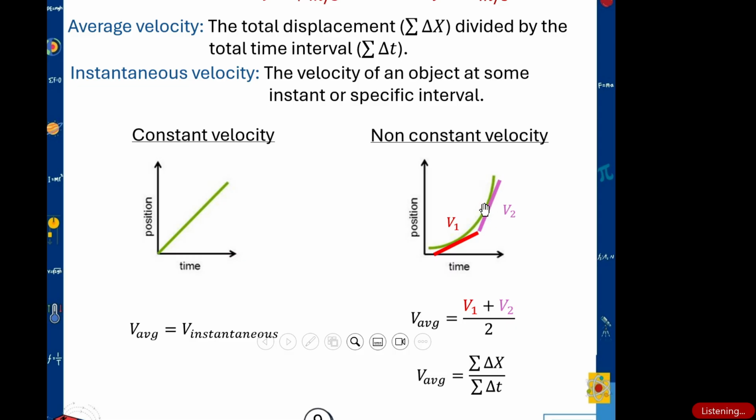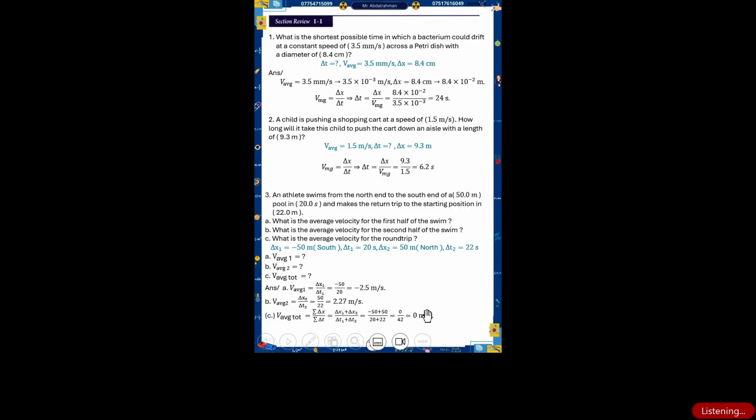You add them. You say the total, or summation, of delta x is equal to delta x1 plus delta x2, and you will have the total. The same thing for the time. Delta t1 from here to here and delta t2 from here to there. And the same thing, you will have the final.